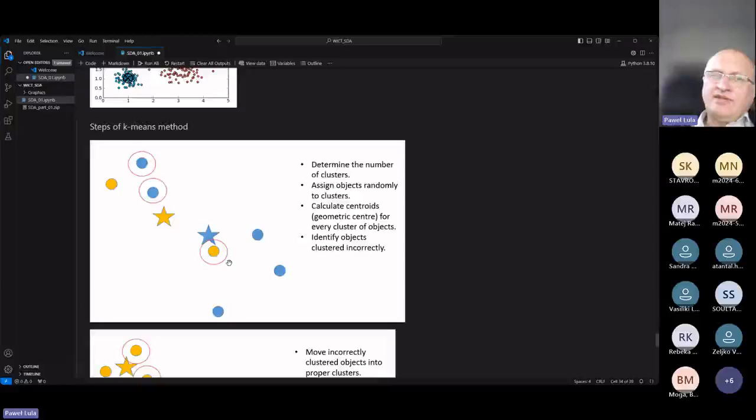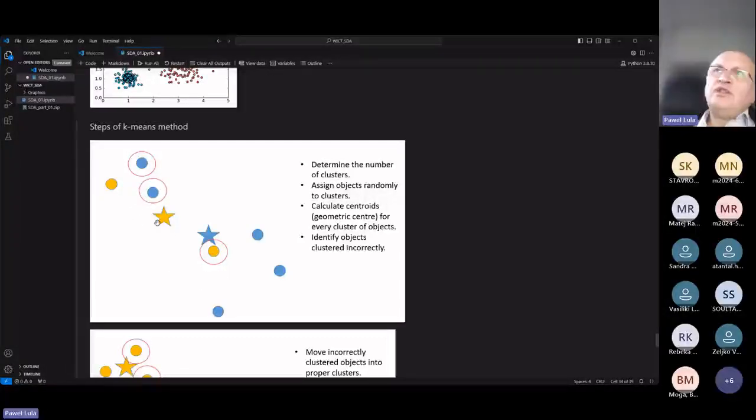And next, we should iterate through all objects, and for every object, we should check if a given object was classified properly or not. How to check the correctness of the assignment?